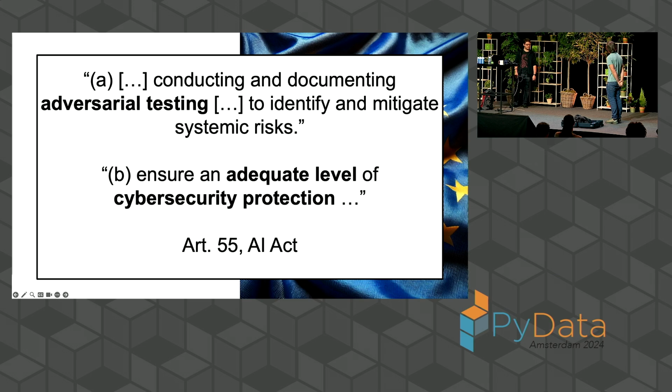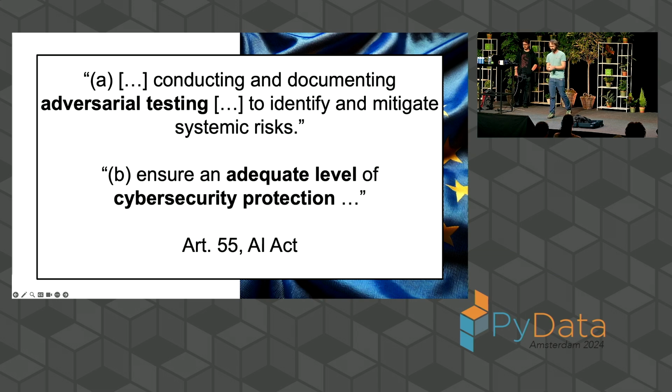So, when you get an LLM and set it into production, the EU AI Act says in Article 55, you have to conduct and document adversarial testing to identify and mitigate systemic risk. So you have to at least test your LLM somehow and give some documentation that you tested it and what the responses were.